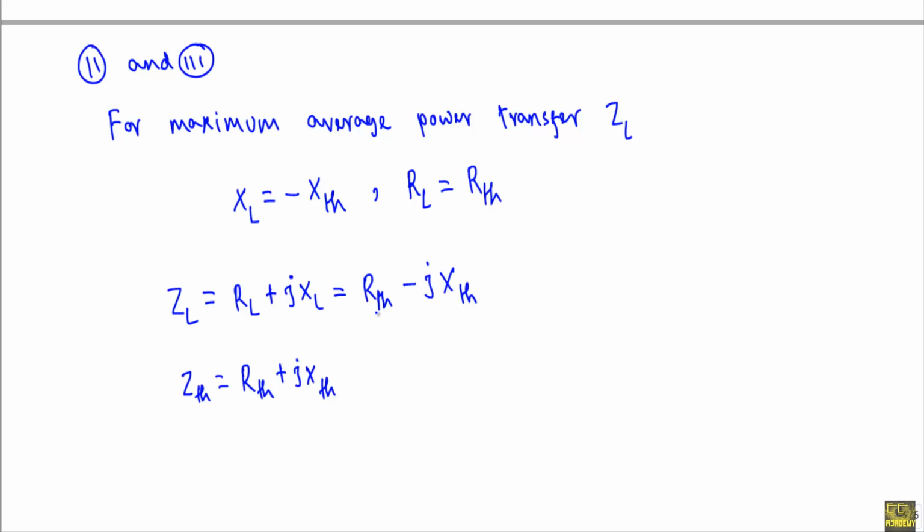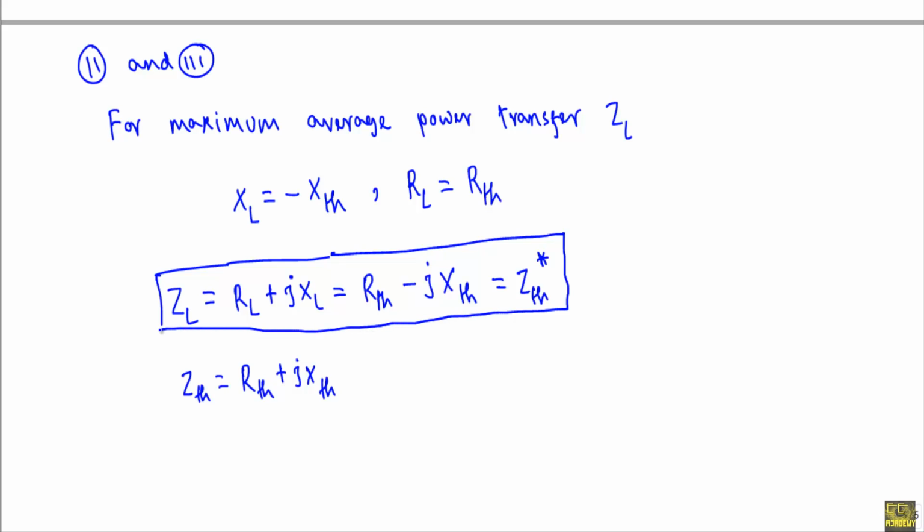That means this RTH minus jXTH will represent the complex conjugate of ZTH. So for maximum power transfer theorem ZL has to be equal to the complex conjugate of the Thevenin impedance ZTH of the circuit.